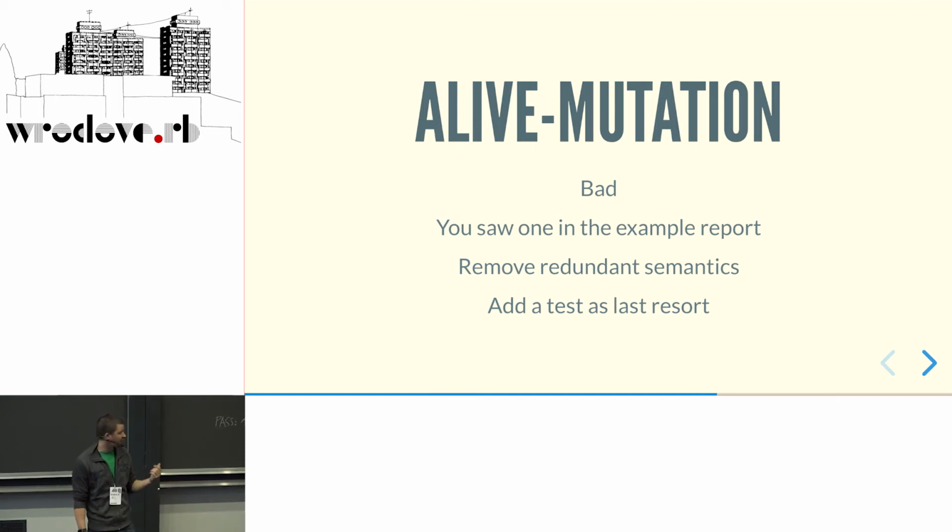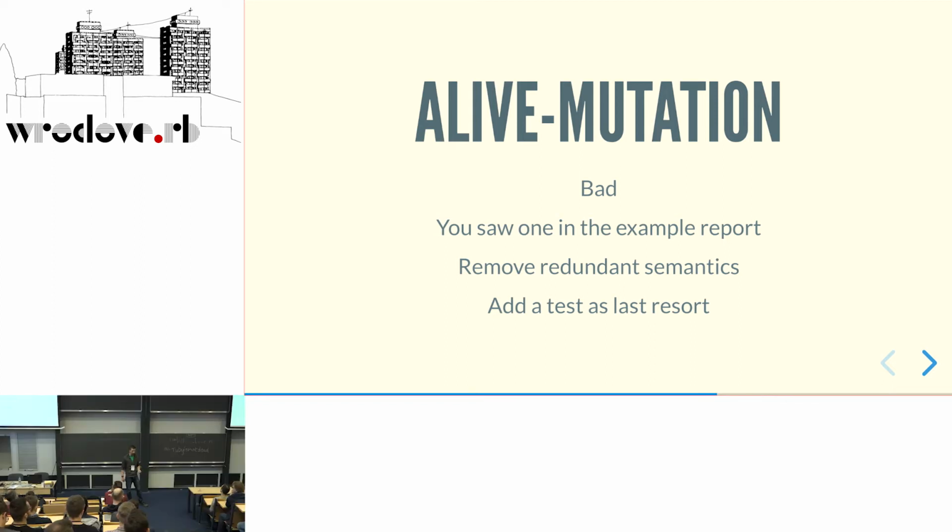And this has to be taken really seriously, because an alive mutation represents something which an intern, your future self, your coworker will do while you're on your wedding night, and it will break in production, because without dealing with alive mutations, there is basically a regression about to happen.